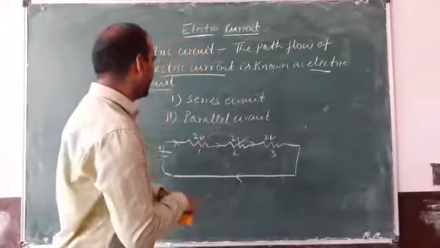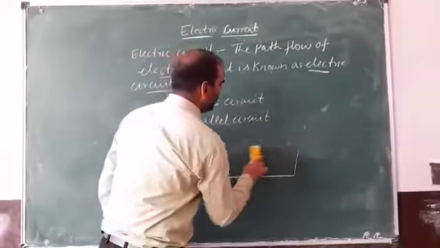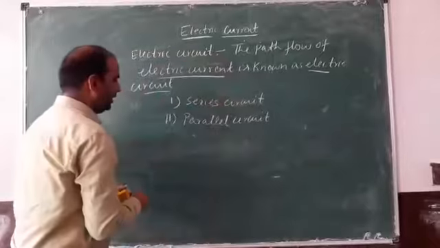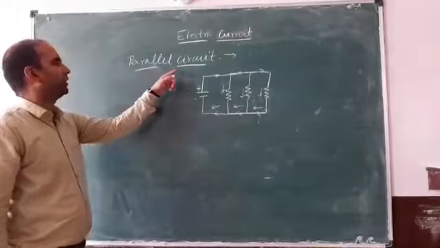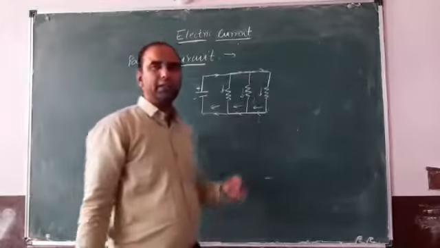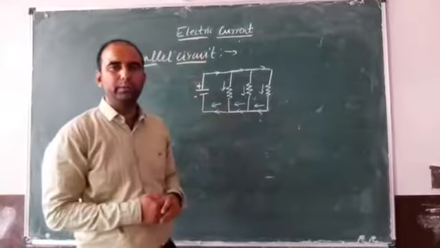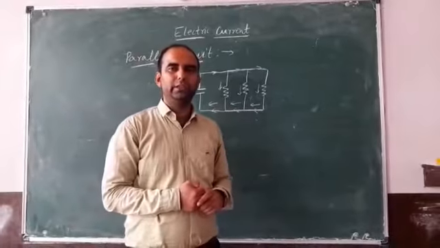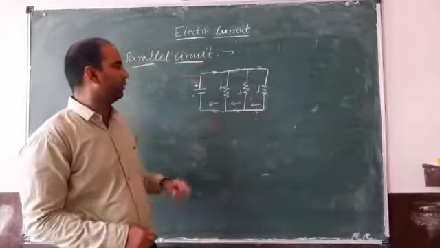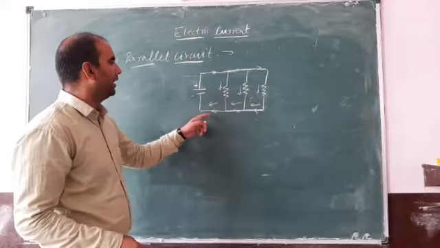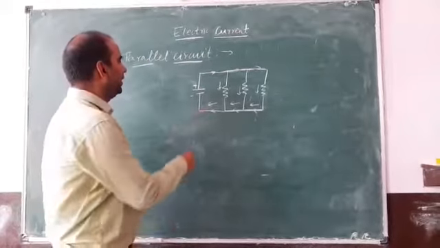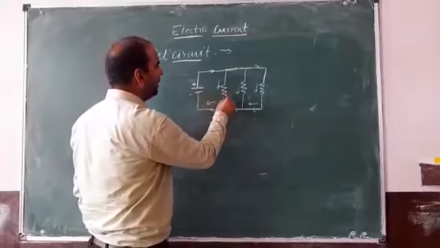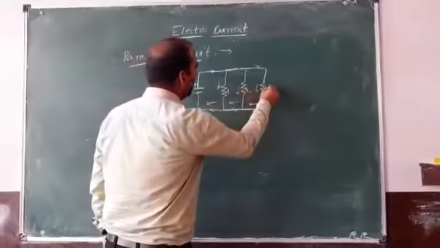Now second is the parallel circuit. In a parallel circuit, the heads of the resistors are connected with each other and the tails of the resistors are connected with each other. This is the diagram of a parallel circuit. Here this is the cell and these are three resistors.